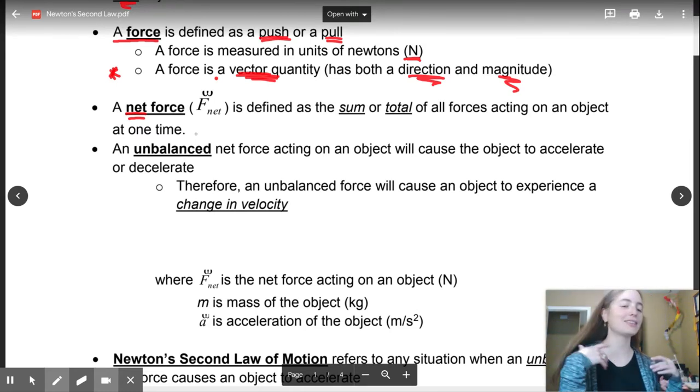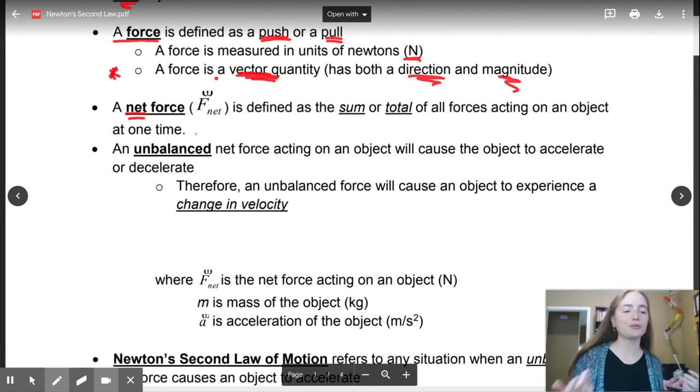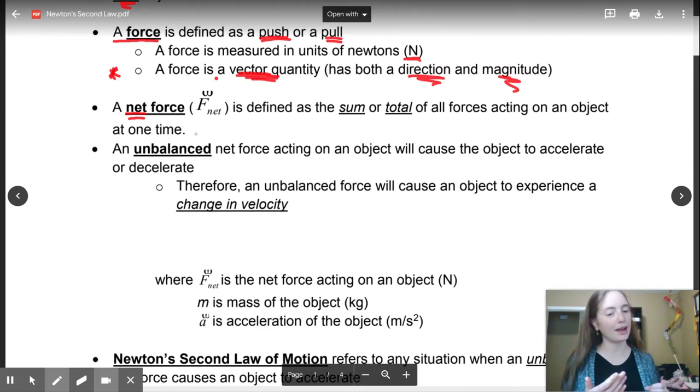Now, what does the word net mean? It implies the total. So for those of you who have jobs, you'll have your employee account and you'll get your digital pay stub. As you're looking at your pay stub, you will see your gross pay and your net pay. Your net pay is the sum of your earnings and the deductions.